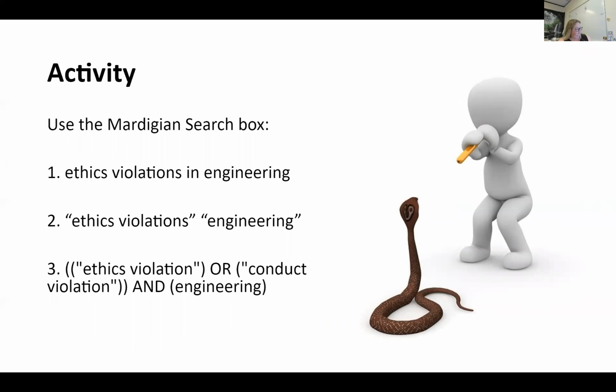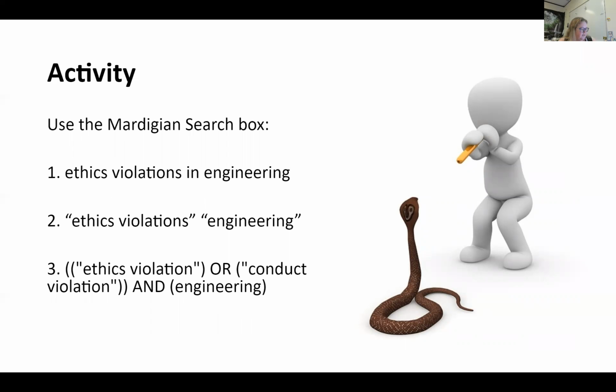I want to go over really quickly how our Mardigian search works. Again, I know that you watched a video, so this will be pretty quick. There are three searches here that I'd like you to go ahead and try from your machine right now. Type into the search box ethics violations in engineering, and then try again with ethics violation in quotes and engineering in quotes to see the difference between those search results.